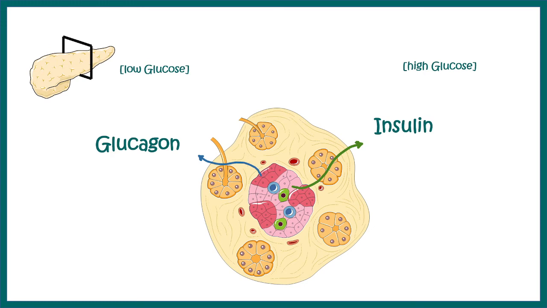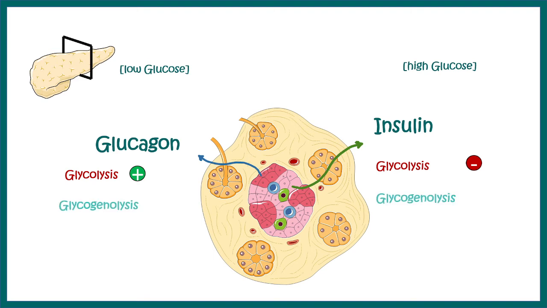Now let's try to understand what are the metabolic functions that glucagon and insulin play, and these metabolic functions are kind of opposite. So if we talk about glycolysis, glucagon positively regulates glycolysis, whereas insulin negatively regulates it.